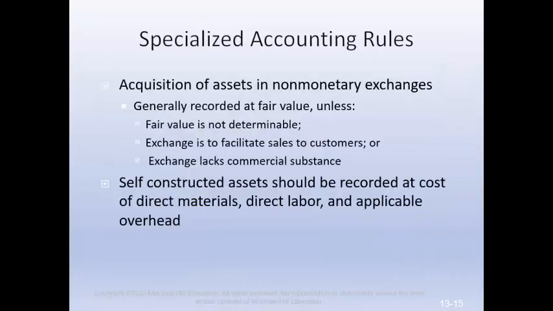The accounting for plant assets acquired in a non-monetary exchange are generally recorded at fair values unless fair value is not determinable, the exchange is to facilitate sales to customers, or the exchange lacks commercial substance. Assets constructed by a company for its own use should be recorded at the cost of direct materials, direct labor, and applicable overhead costs.